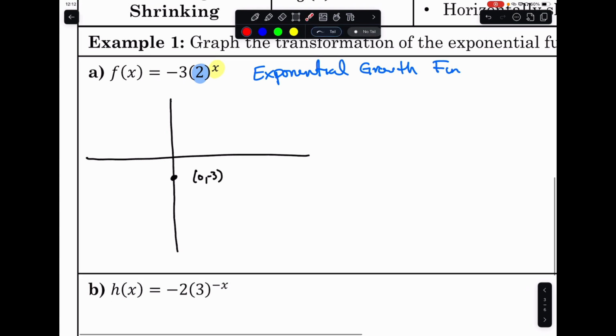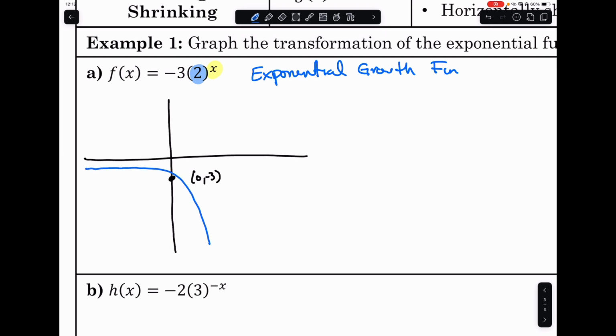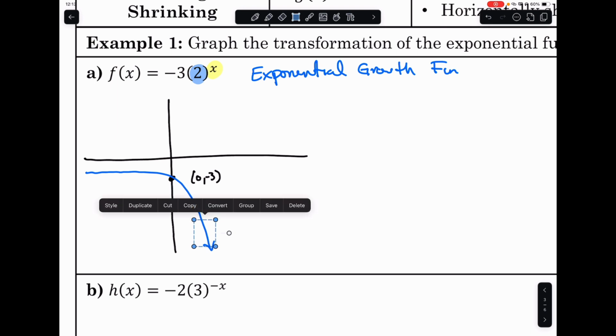And instead of, again, going upwards like this, the graph is going to go downwards because it's going to be a reflection. So the graph of f of x will look like this. Oops, I missed the y-intercept. So it will look like this.